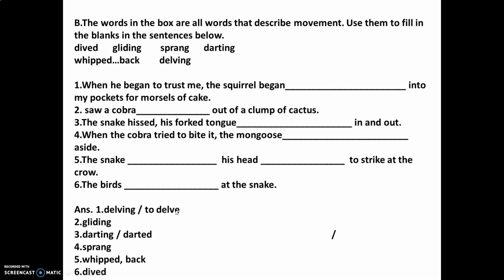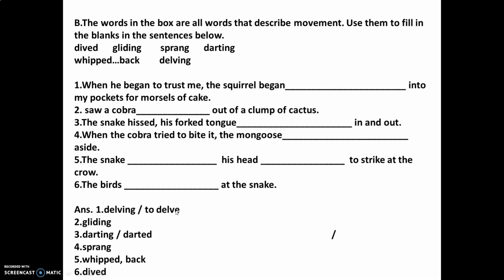Second one: I saw a cobra gliding out of the clump of cactus. Second answer, gliding. Third: the snake hissed, his forked tongue darting in and out. Third answer is darting.